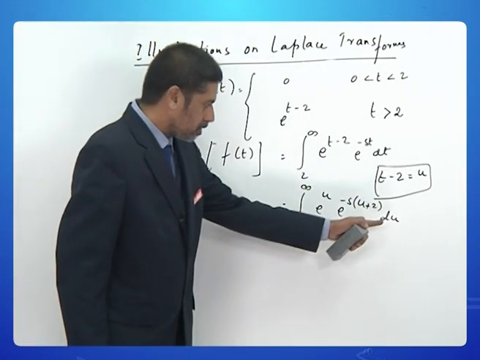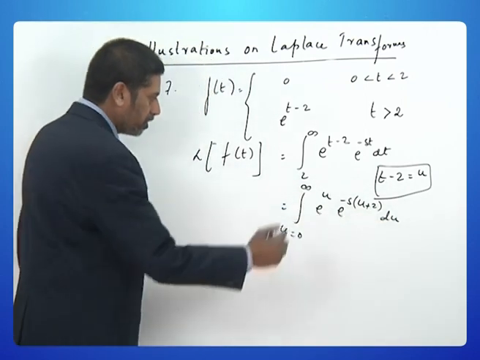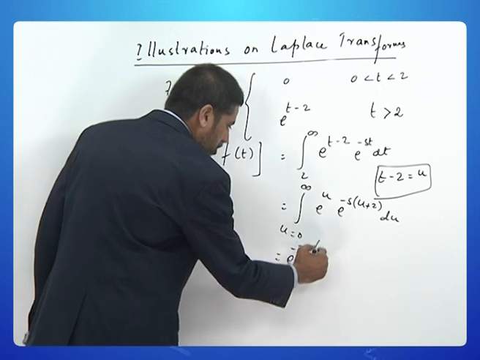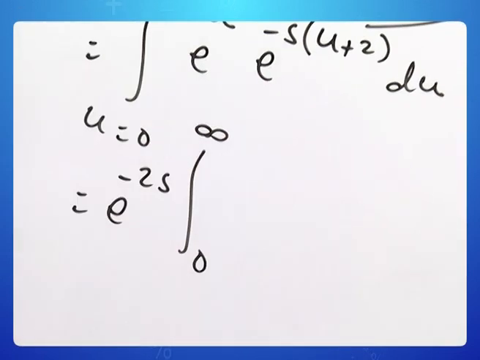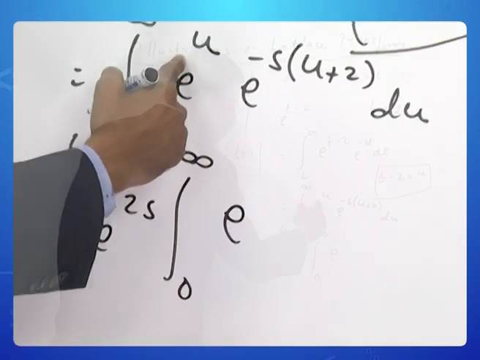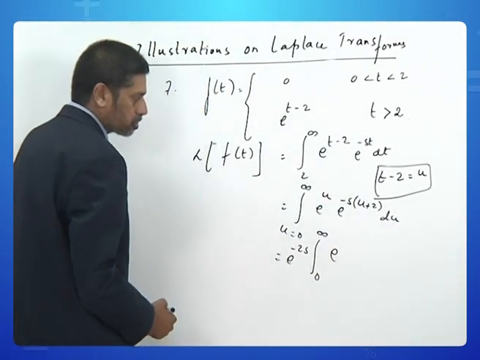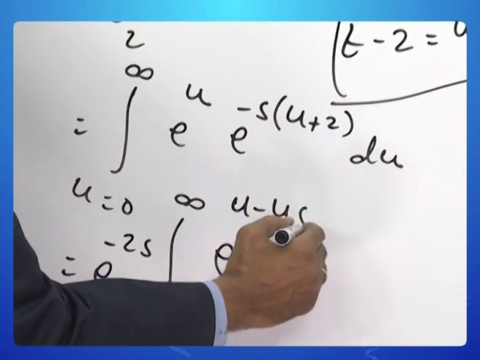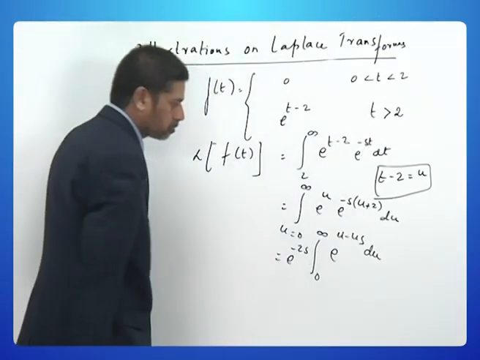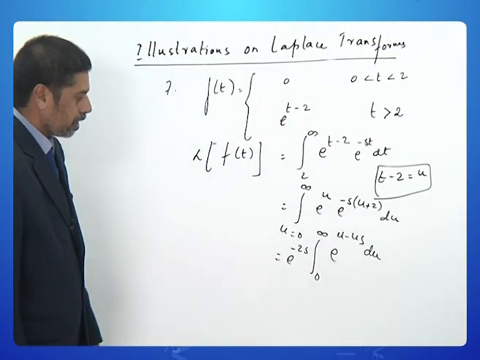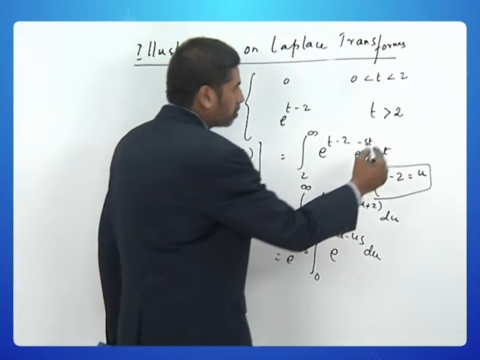Because the integration is on the variable u, we can take out e power minus 2s outside. So we'll have e power u into e power minus us. You'll have like this. So when you actually integrate this, what will happen?